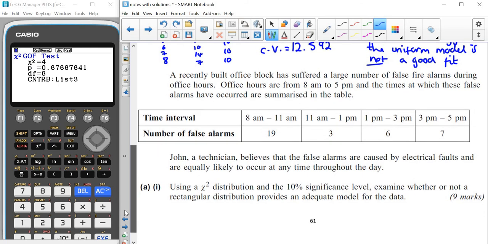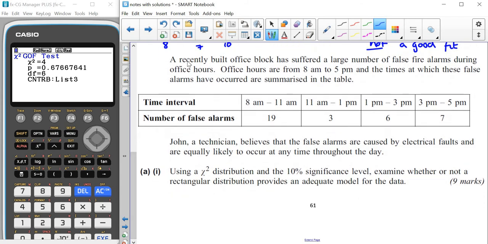So here we have a rectangular question. A recently built office block has suffered a large number of false fire alarms during office hours between 8 and 5, and we're trying to see if the rectangular distribution can be used to model this.